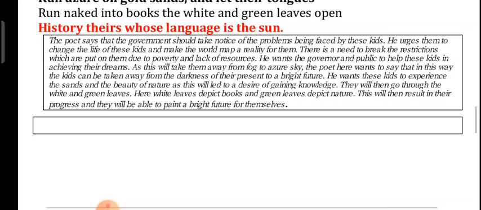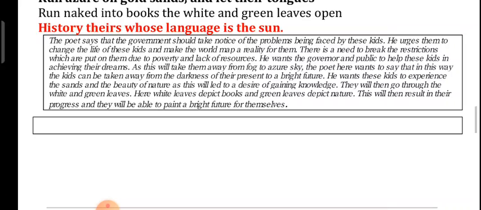He wants the governor and public to help these kids achieve their dream, as this will take them away from fog to azure sky. Azure means deep blue. The poet here wants to say that in this way the kids can be taken away from the darkness of their present to a bright future.